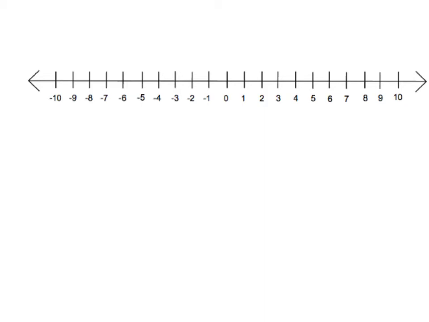But just in case you've forgotten what absolute value means, it just means the physical distance from 0 on a number line. So -2 and 2 have a different value, but their absolute value for both of them is 2 because it's their physical distance from 0.